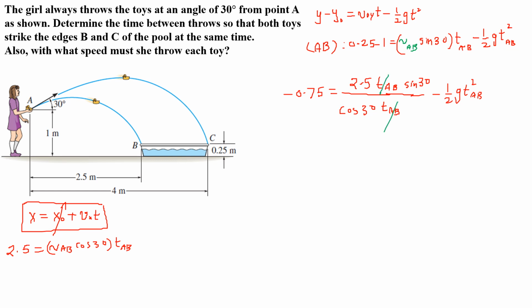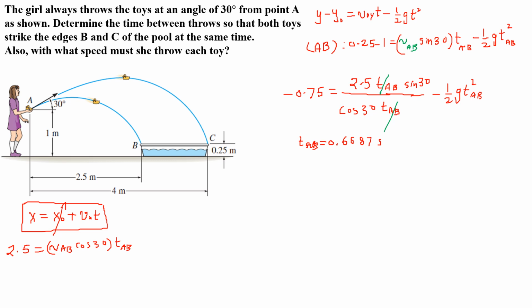Doing this calculation, I found TAB to be 0.6687 seconds. That's the time for the toy to reach B.